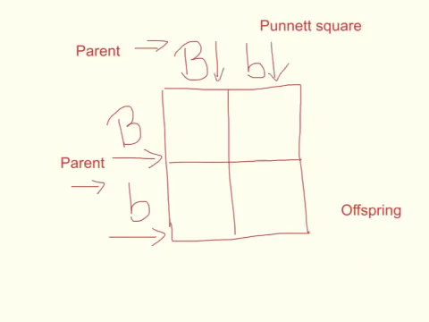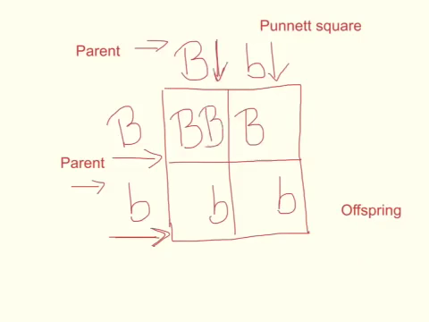I'll just do the first ones going across. I'll take this B and this B across. We'll take this little b across. We'll take this big B down into these boxes and this little b into these boxes. Notice we always write the dominant before the recessive allele.